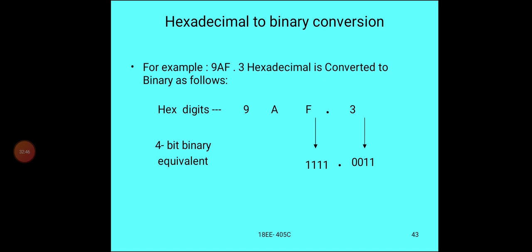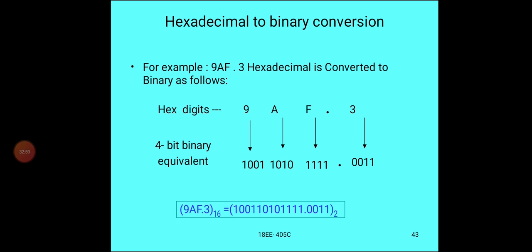A means 1010. 9 means 1001. These are the 4-bit binary equivalents corresponding to 9AF.3. So 9AF.3 of radix 16 is equivalent to 1001 1010 1111.0011 of radix 2.